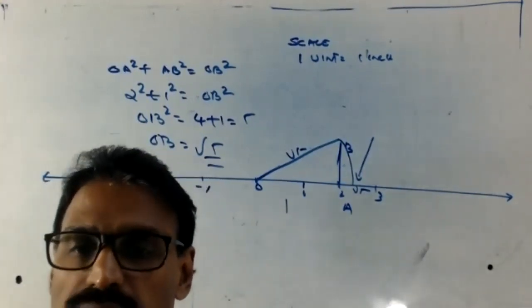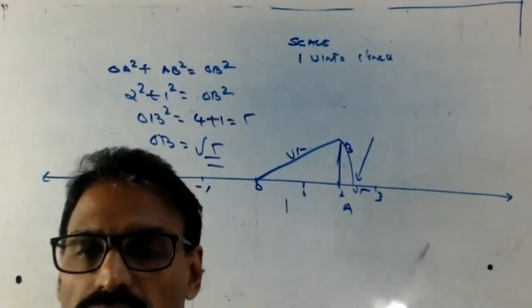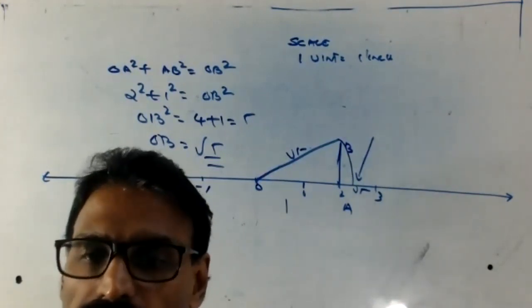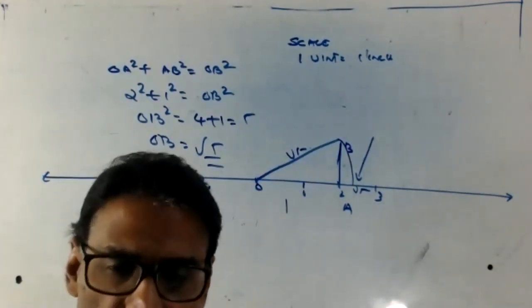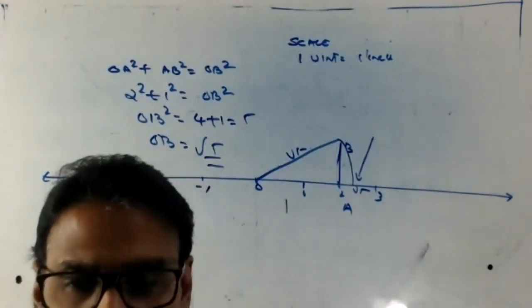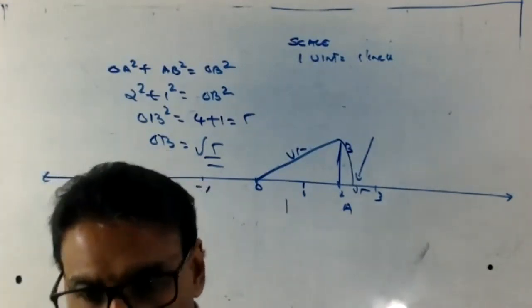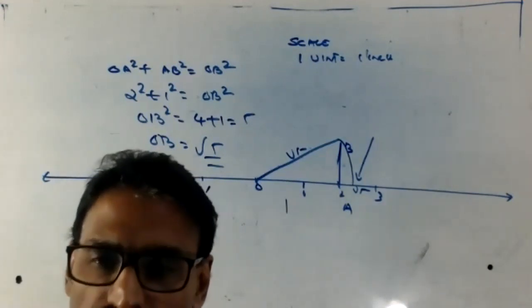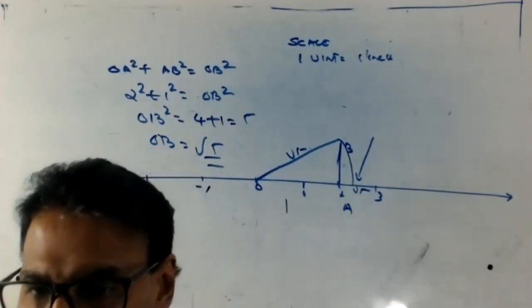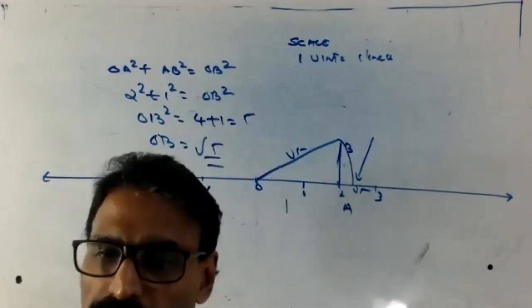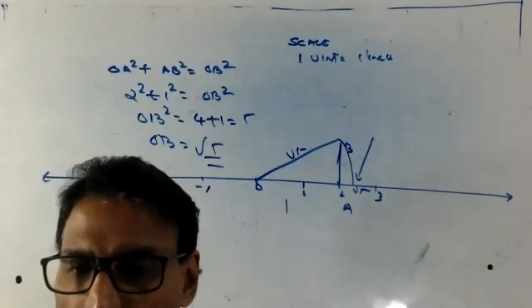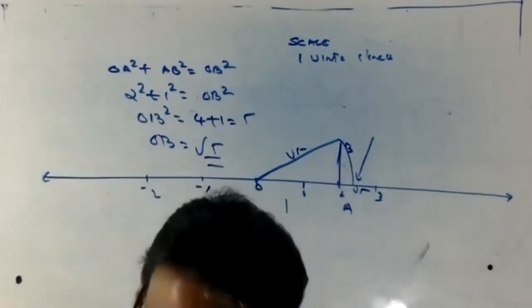I told you that regarding the scale, it is fully your decision. I cannot compel that. My suggestion, you can take 1 unit, 1 inch, or 1 unit, 2 centimeter, like that. Now you decided. Now we are going to draw root 5.